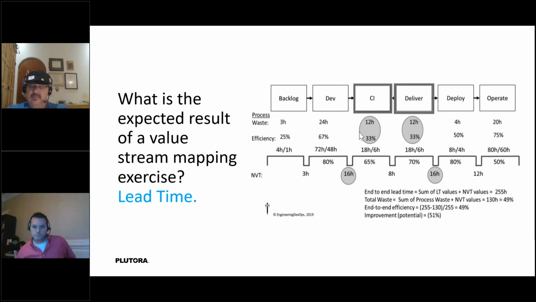The non-value time of 16 hours by itself may not be huge, but it's still significant. If you look at the fact that really the same thing is going on between dev and CI and delivery and deploy, it's really an environment orchestration problem. The total is very significant.